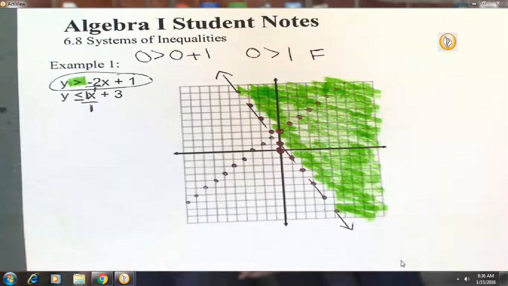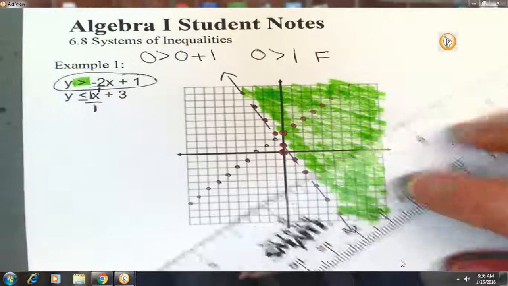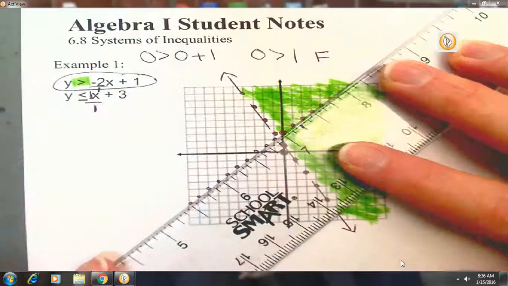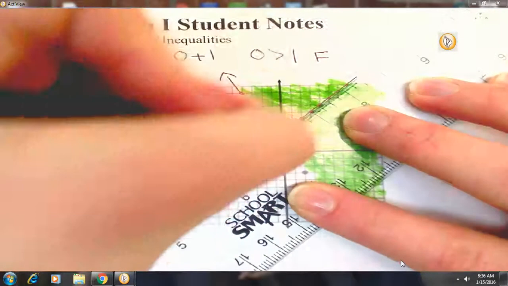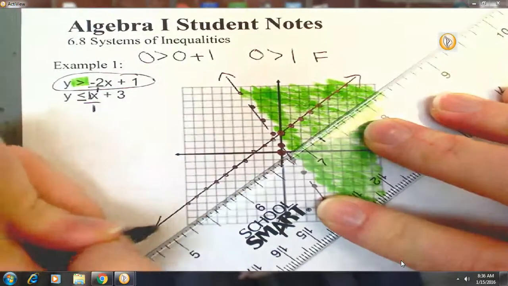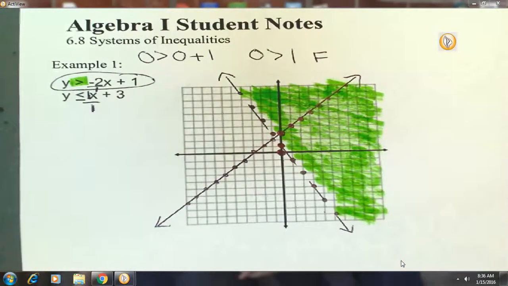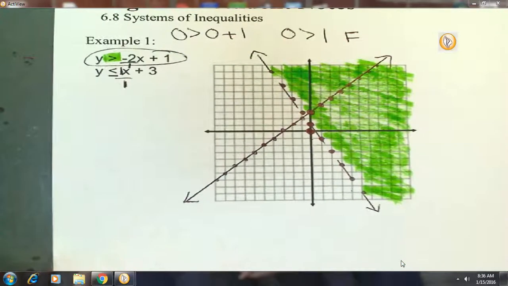Will we use a dash or a solid line for this graph? Solid. So once again, let's test an ordered pair so we know which side of the line to shade. I'm going to test 0, 0.